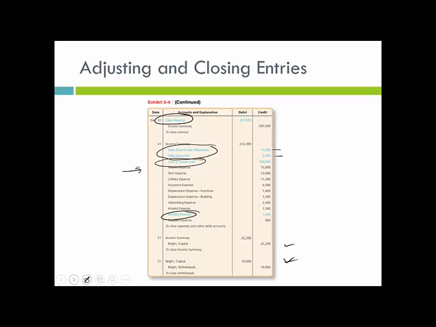There's no difference there. And here's one just to do a practice on the adjusting entry for this inventory shrinkage. So the account balance in the merchandise inventory account is $62,000. But when we do a physical count of what's on hand, we get $60,800.